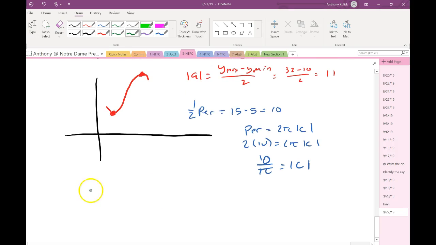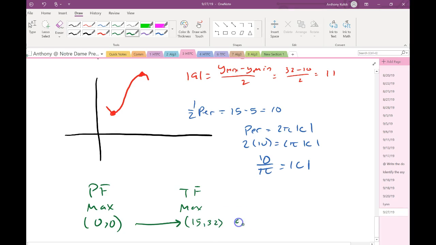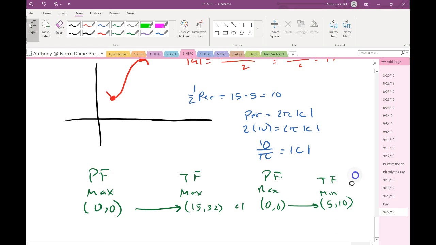All right. So in my parent function for cosine, I have 0, 1 as a maximum. I have two choices here. I can map to my transformed function either to the maximum, which is at 15, 32, or I can map it to the minimum of my transformed function, which was at 5, 10.